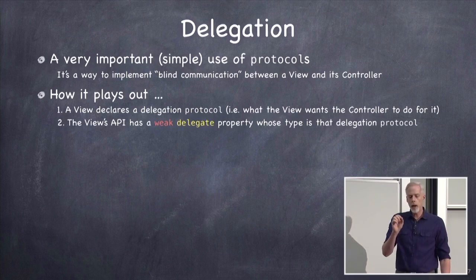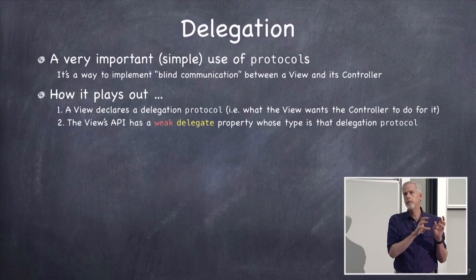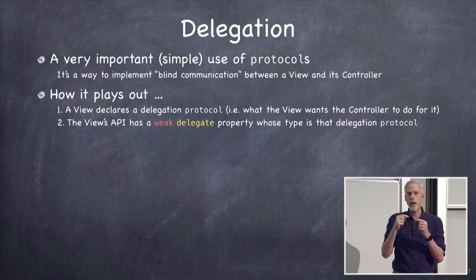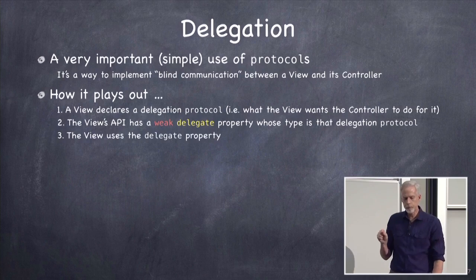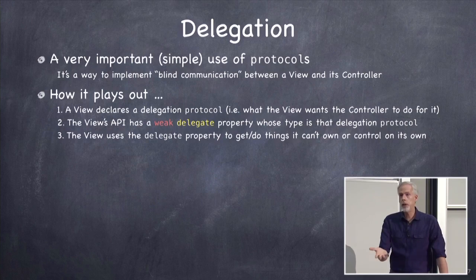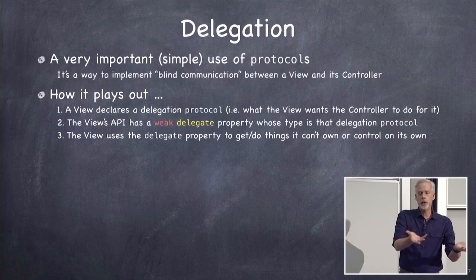Then the view adds public API to itself, which is a weak property called delegate or sometimes data source. And that type is that protocol. Okay? So anything can be assigned to that var as long as it implements that protocol. The view uses this delegate property in itself to get the answer, should I scroll here, and to tell people, I just did scroll here.